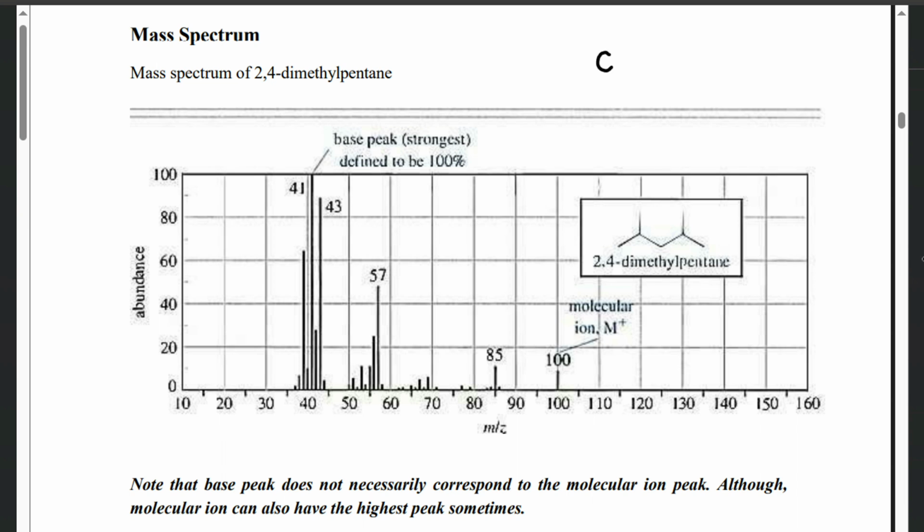Dimethylpentane is this: 2, 3, 4, 5, and we have hydrogens here, here, and here.